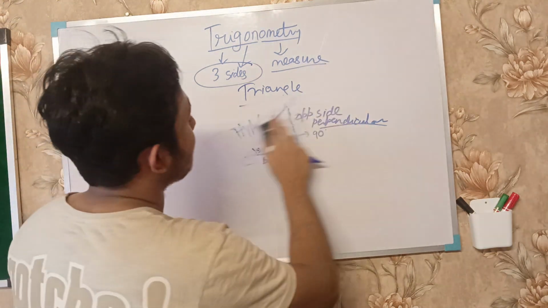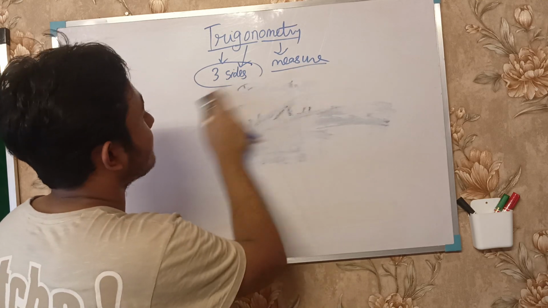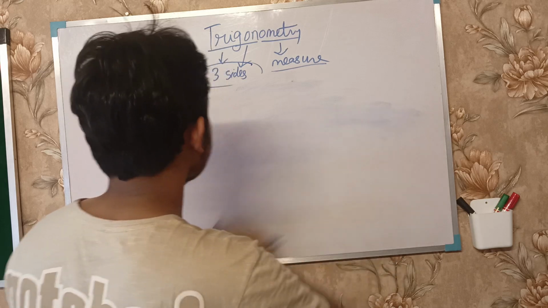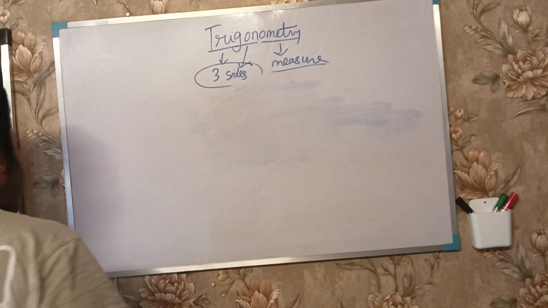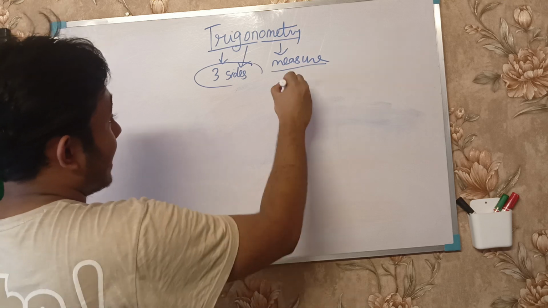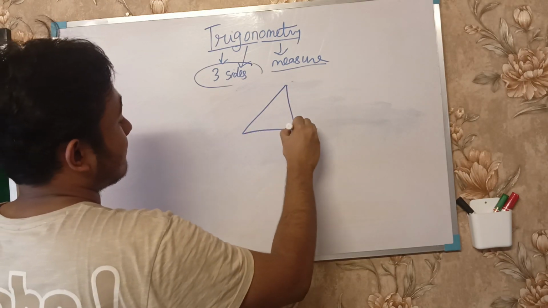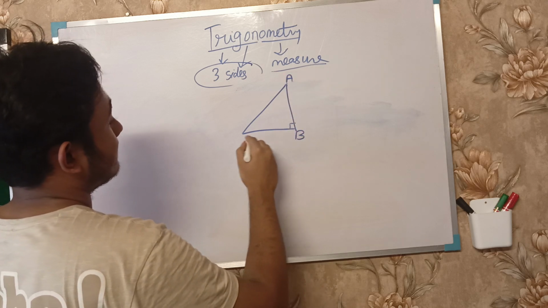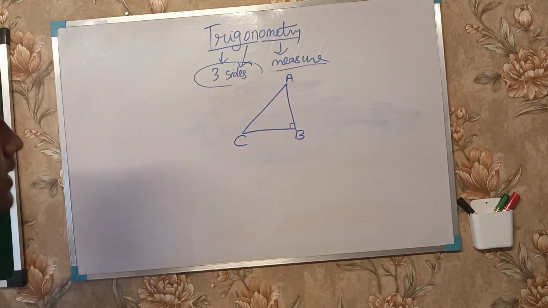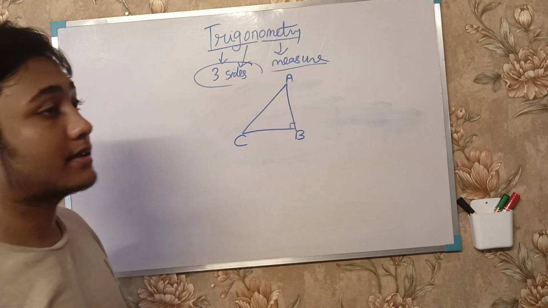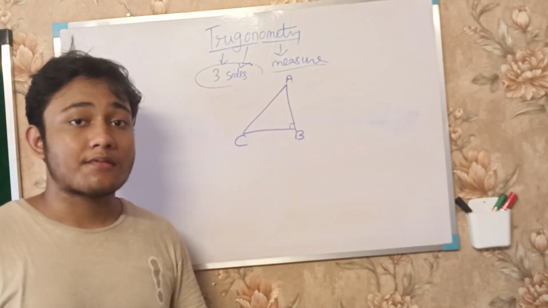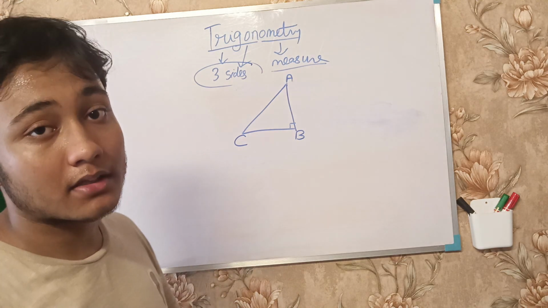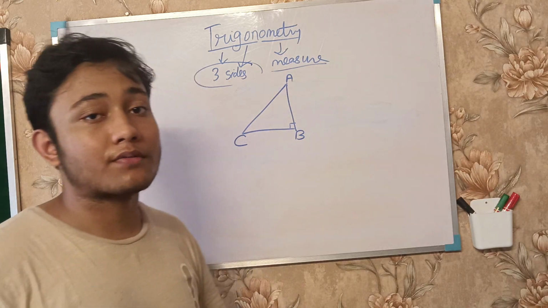So now, if we further analyze the right angle triangle, let's name it A, B, C. When you are measuring a right angle triangle, there are specific values of theta for which you can measure the sine of the angle, the cos of the angle, or the tan of the angle.